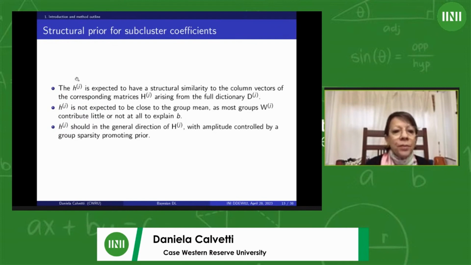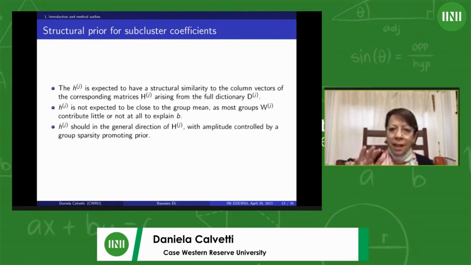In general, we can think about Hj, the jth segment of H, as having a structure that is similar to the column vectors of the matrix Hj, which was determined when we computed the low rank approximation of the subdictionary Dj.